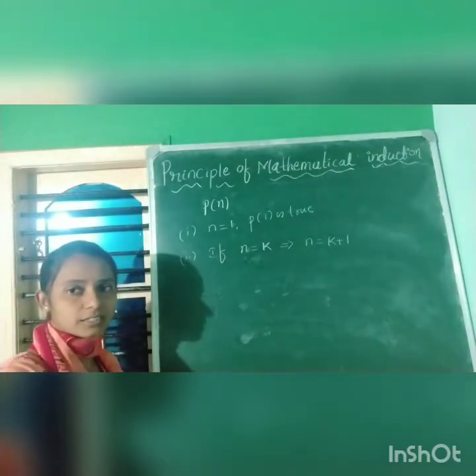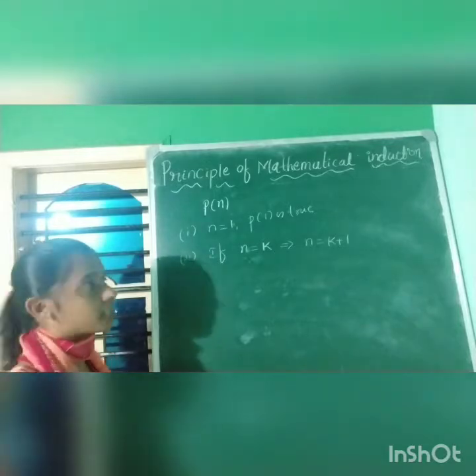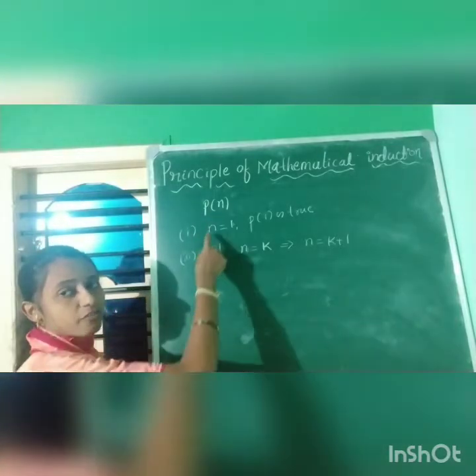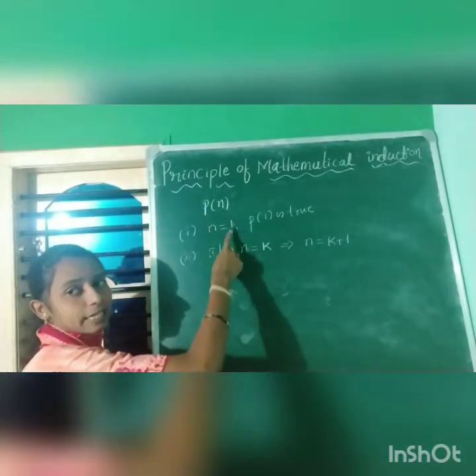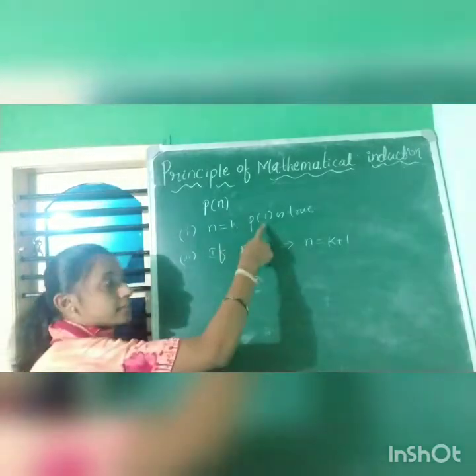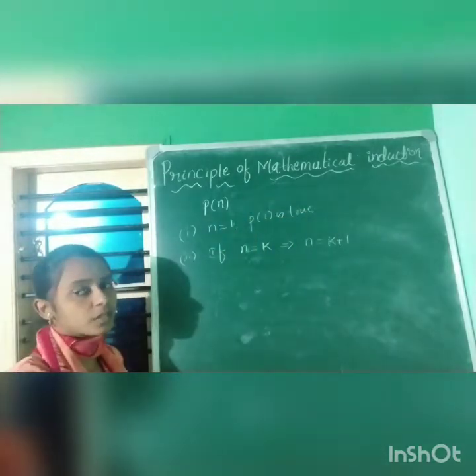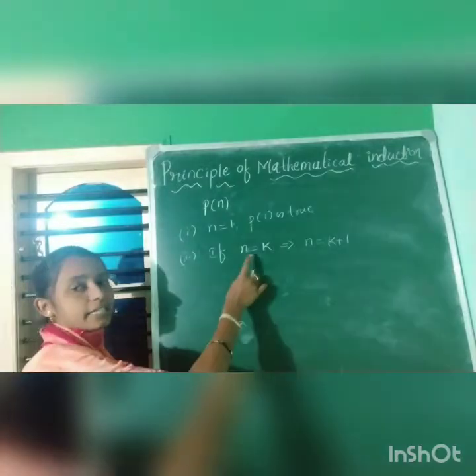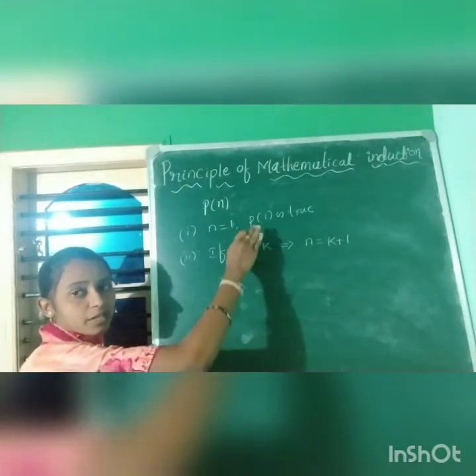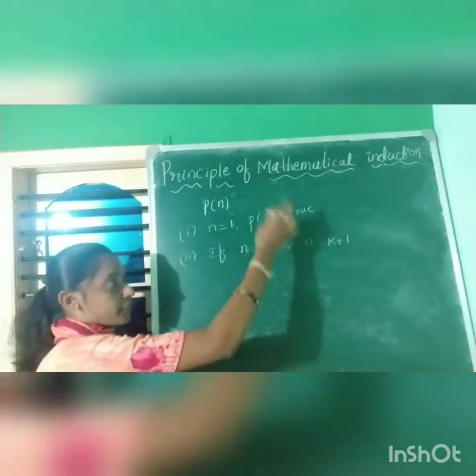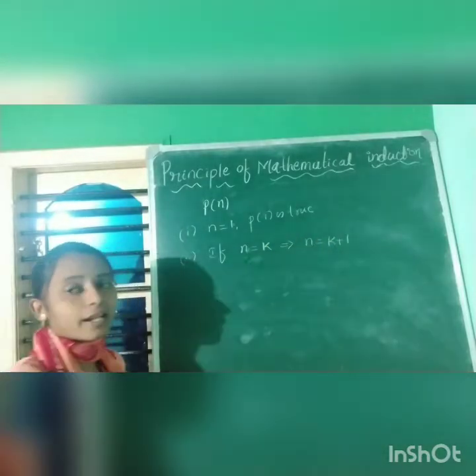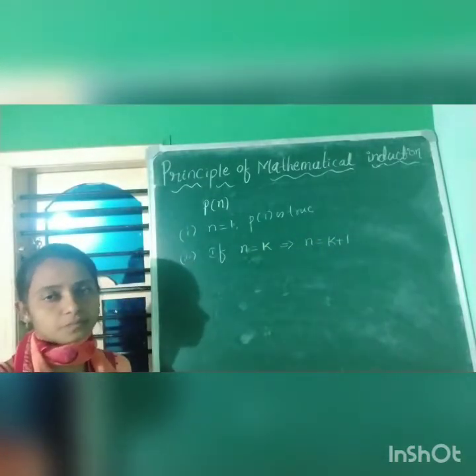This is the important one, and in all the problems it is the same method. You need to consider the given problem or statement as P of n. The first step is you need to replace n by 1. There the statement will be true. Next you need to replace n by k. Then the statement is true. That means even that statement is true for n is equal to k plus 1.